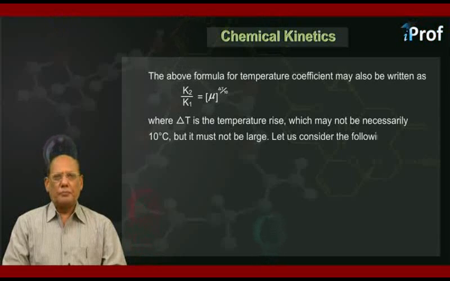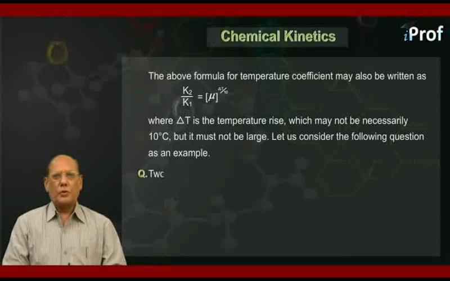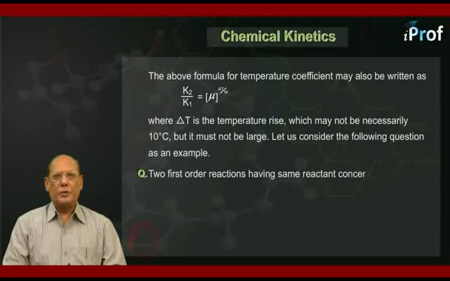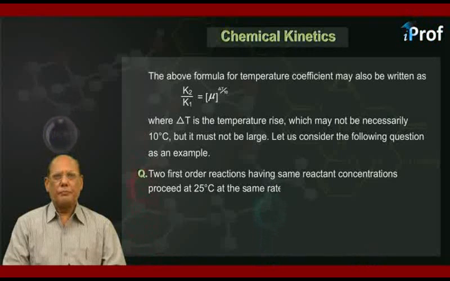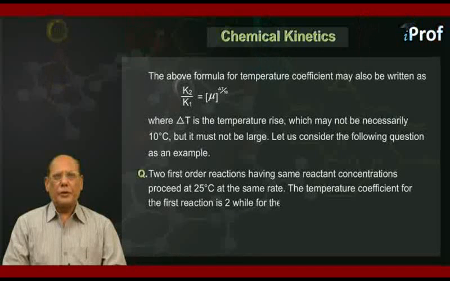Let us consider the following question as an example. The question is, two first order reactions having same reactant concentrations proceed at 25 degrees Celsius at the same rate. The temperature coefficient for the first reaction is 2, while for the second it is 3.